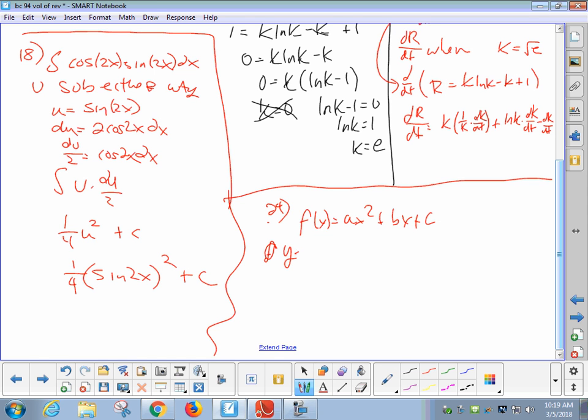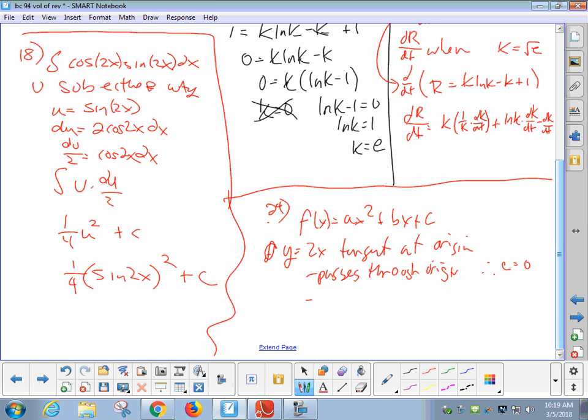Because y equals 2x is tangent at the origin, that tells you 2 things. The curve passes through the origin. It can't be tangent if the curve itself doesn't go through the origin, so that means c equals 0.